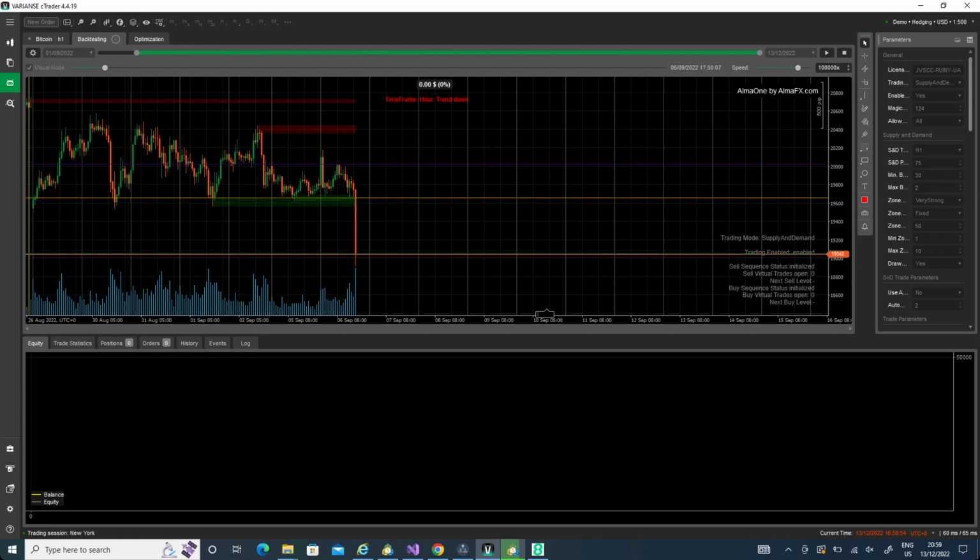All right, so what you see here is the price was going a few times towards our demand zone, but was never touching the zone or getting into it. That's why we never executed a trade, because there was no confirmation. But then on our last candle, we see there was a massive sell-off of Bitcoin, so we broke that line.